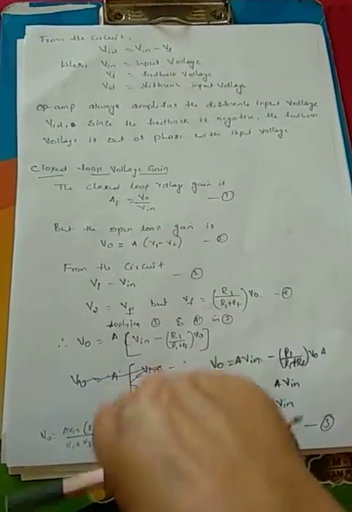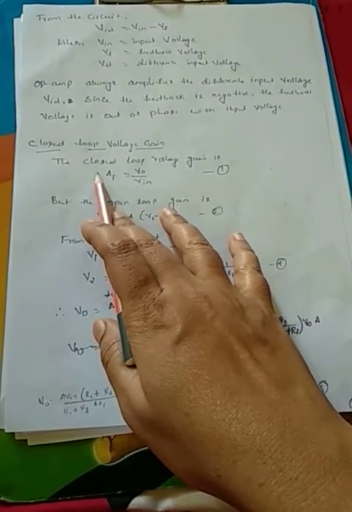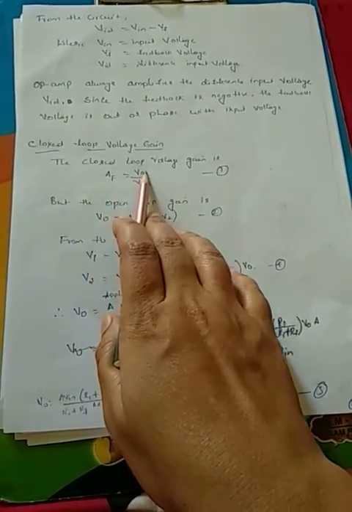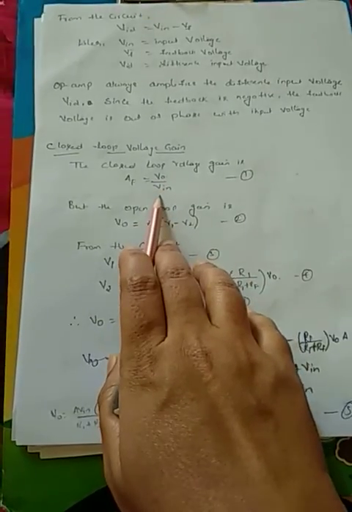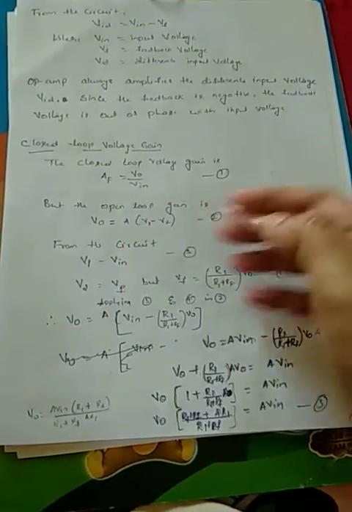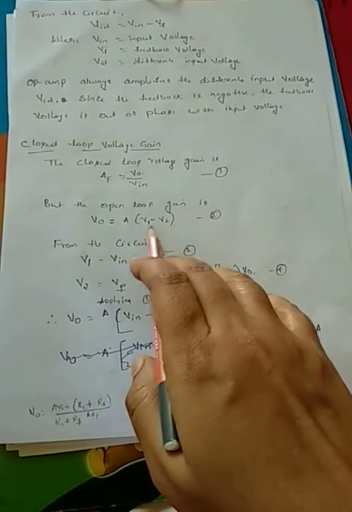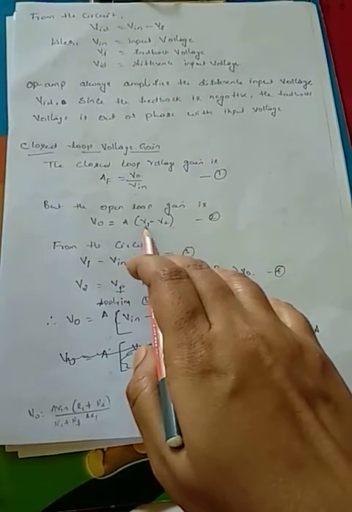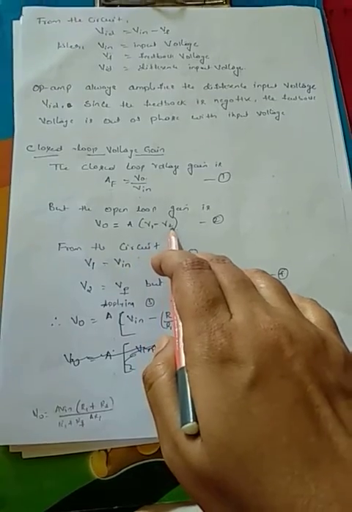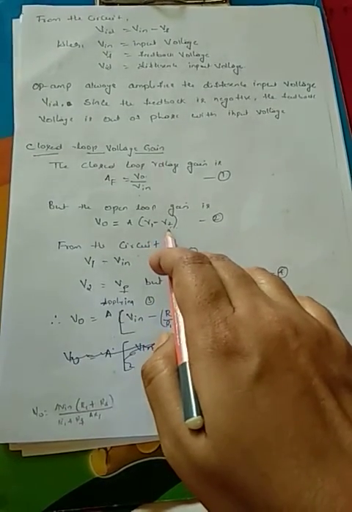So now we'll see what is the closed loop voltage gain AF. As we have discussed before, the closed loop voltage gain is AF equal to V naught divided by Vin. And the open loop voltage gain is V naught is equal to A times V1 minus V2, where V1 minus V2 is the difference voltage between the two terminals, that is inverting and non-inverting terminal.